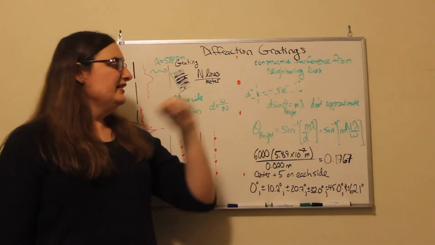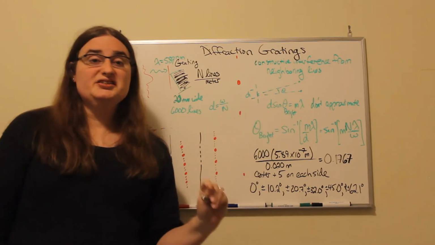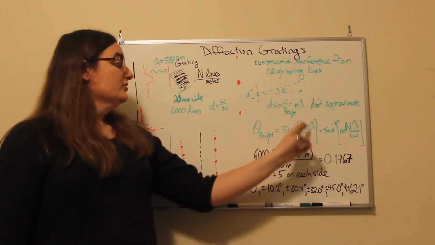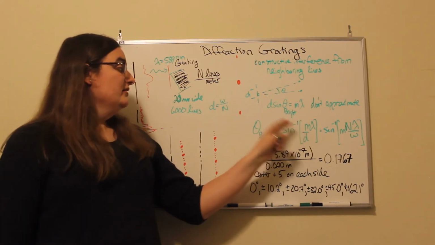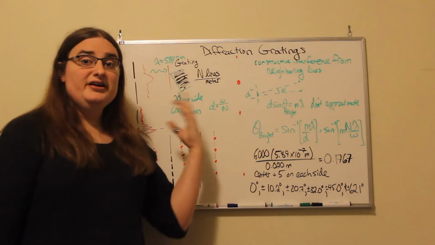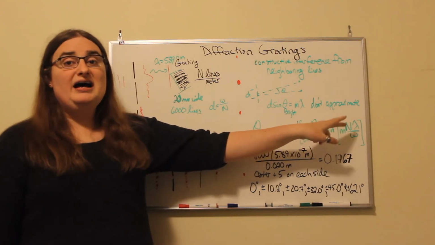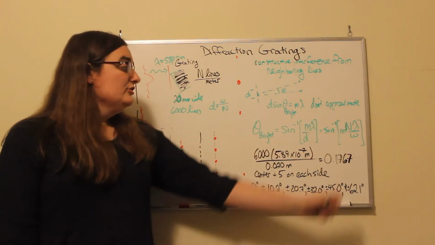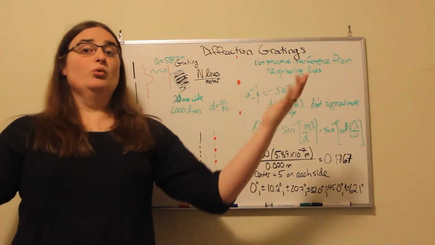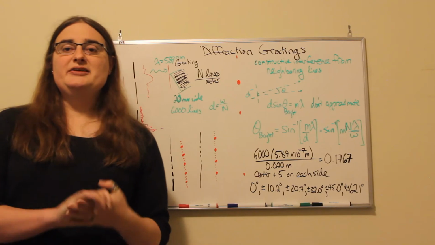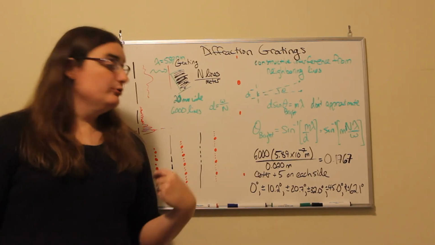So if the sine of theta is going to be an integer times my wavelength divided by the separation distance between spaces, so that separation distance between spaces is going to be the width of our diffraction grating divided by the number of lines. 1 over that is going to give me the number of lines divided by my width. So I'm going to take a look at this piece right here, because if it's greater than 1, we're done. We don't have any extra fringes other than the center bright fringe coming through that grating.